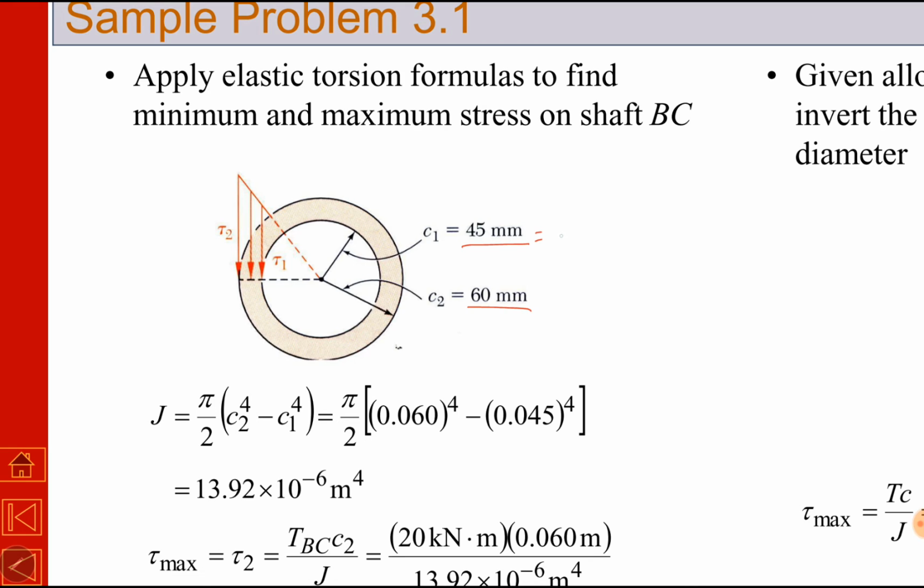In terms of meters, it is 0.045 meter and 0.06 meters. Okay, we can find J. J is pi by 2 times outer radius power 4 minus inner radius power 4. For a hollow shaft, it is like this. So by putting in the values of radii, J comes out to be 13.92 into 10 power minus 6 meter power 4.